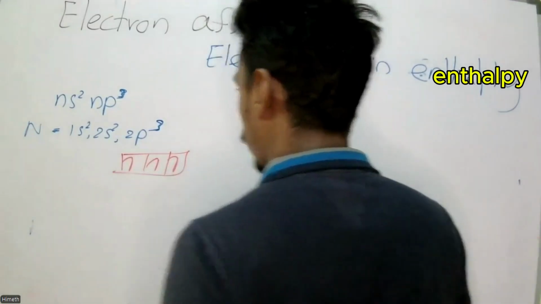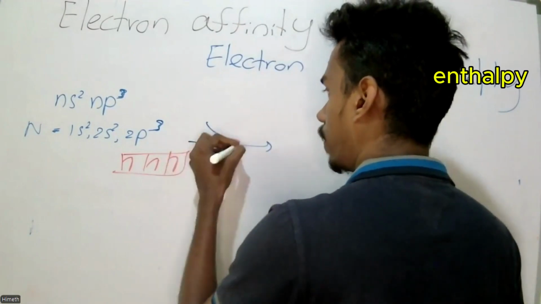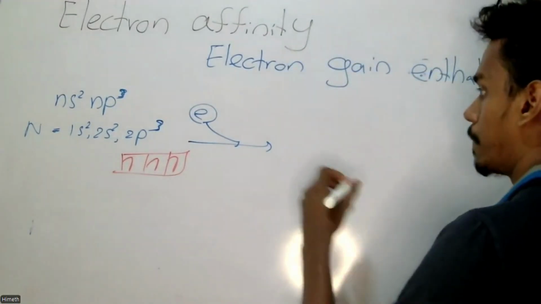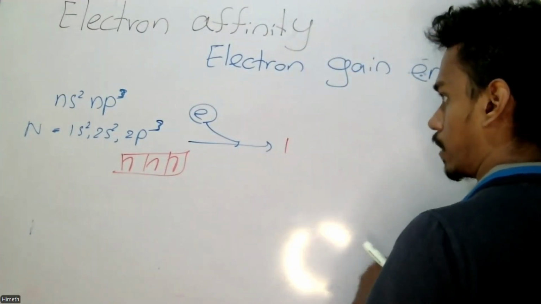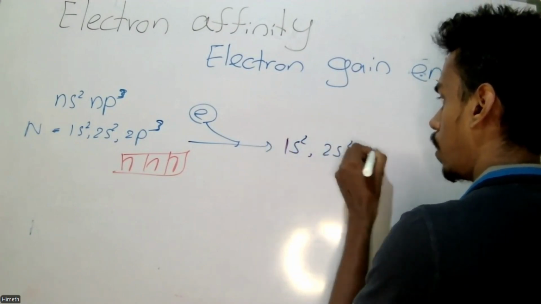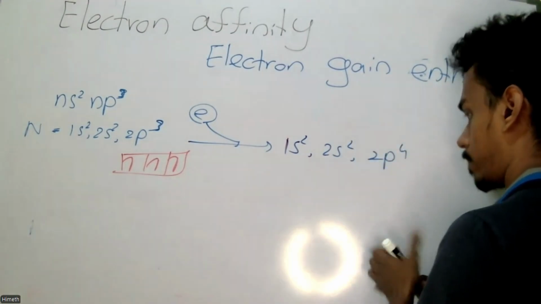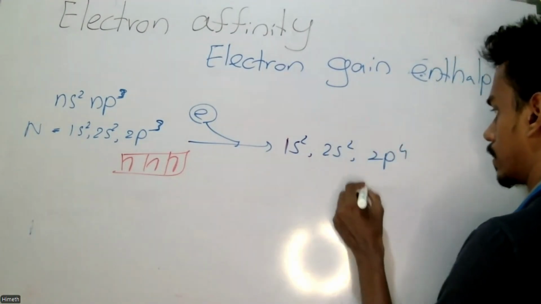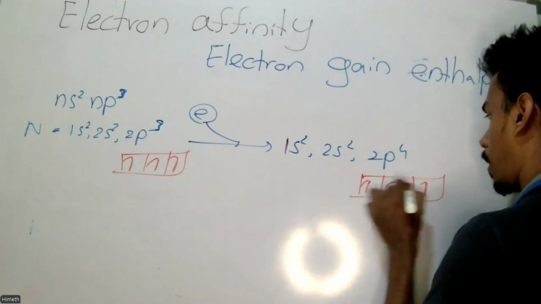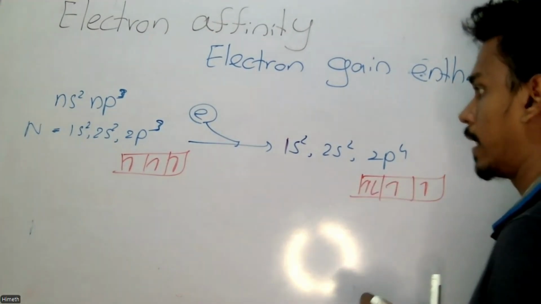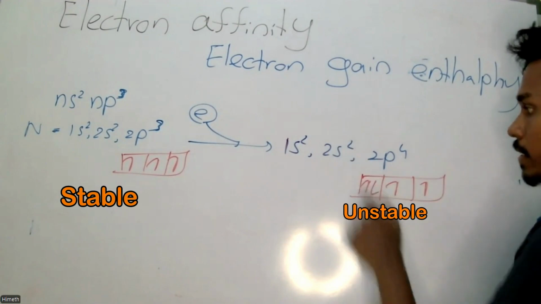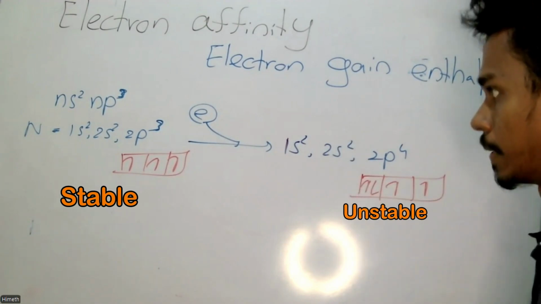When we add an electron, it converts into an unstable electron configuration: 1s2, 2s2, 2p4. Now there are 4 electrons in the p orbital, which is less stable compared to the electron configuration of nitrogen.